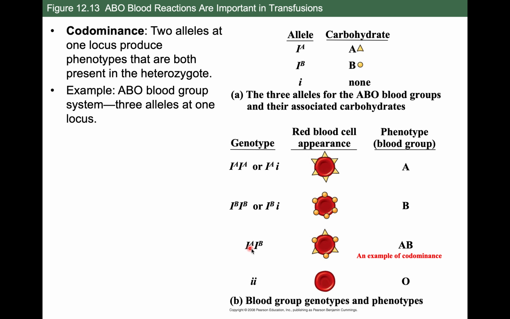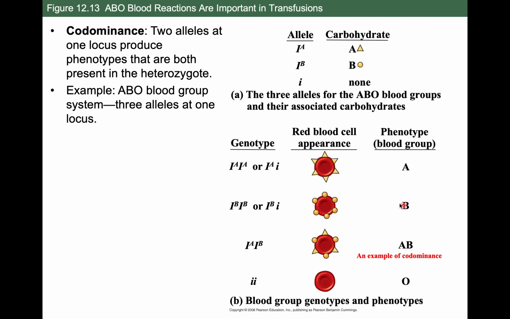Here's the codominance. If you are IA, IB, you produce both carbohydrates. So you're seeing both of those phenotypes present. You would be blood type AB versus O for the homozygous recessive. And then if you have either two of the IB alleles, or one IB and one recessive, basically all you're producing are the B carbohydrates.